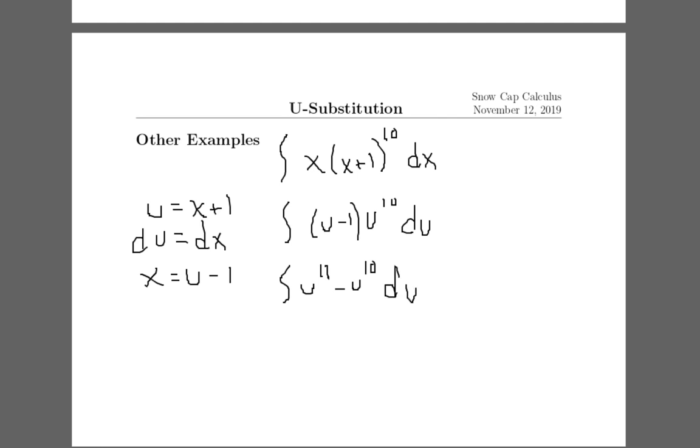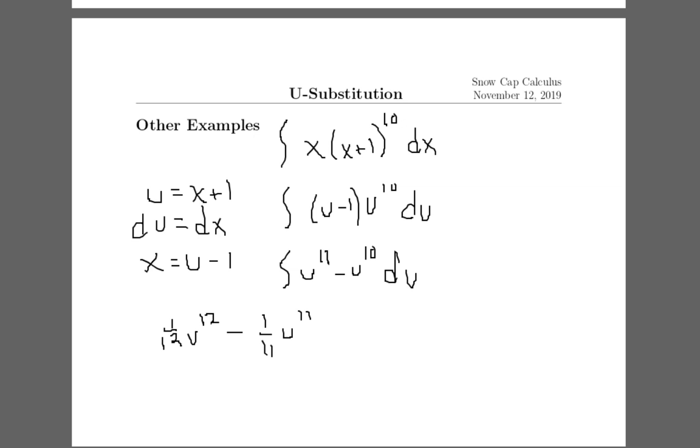And then we just do reverse power rules. I already did the antiderivative, so after we do the antiderivative, we would get 1/12 u to the 12th minus 1/11 u to the 11th plus our constant c.